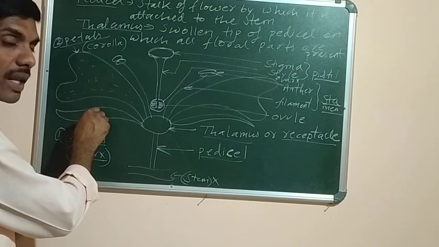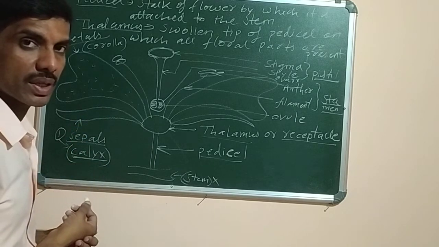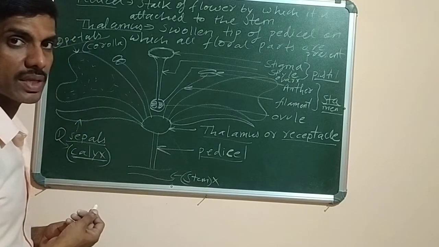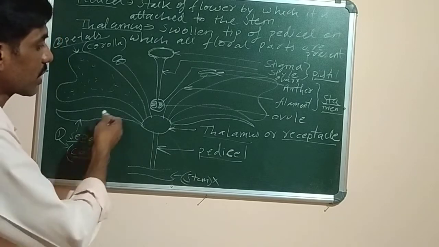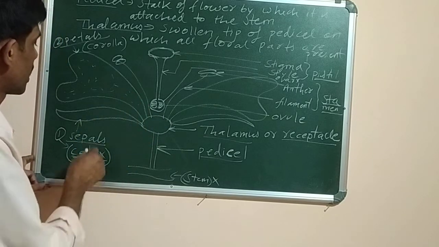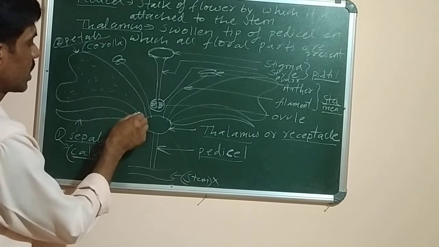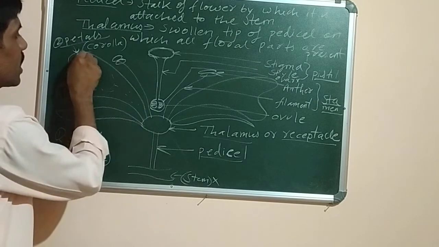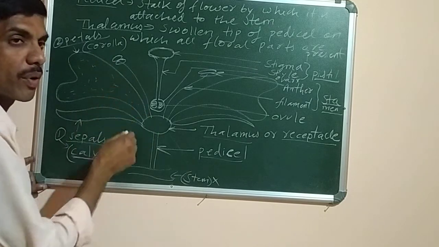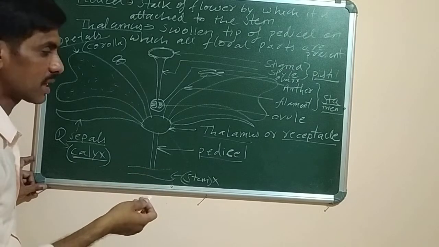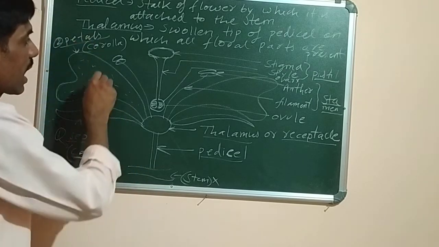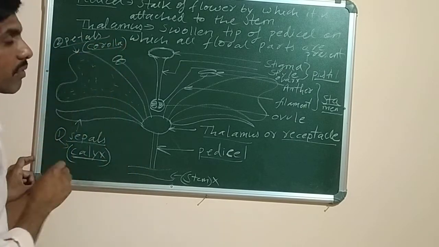Because they are green in color, they can perform photosynthesis, and they can also give protection to the inner layers of the flower. Then the second layer of the flower, this one, which is made up of colorful leaf-like structures, there can be 4 to 5 or 5 to 6 petals. They are called petals, and all the petals together form corolla.